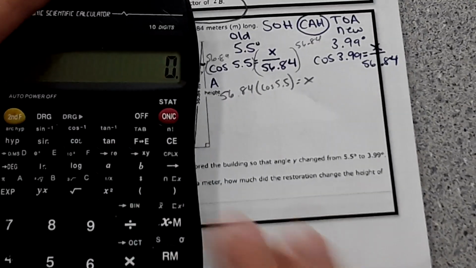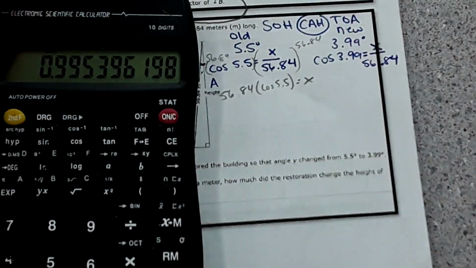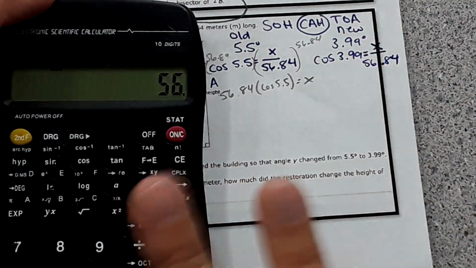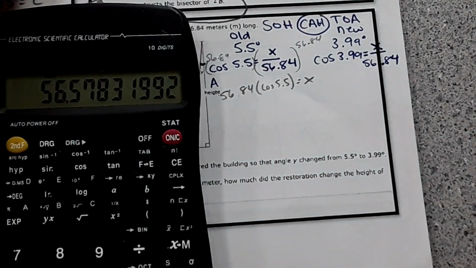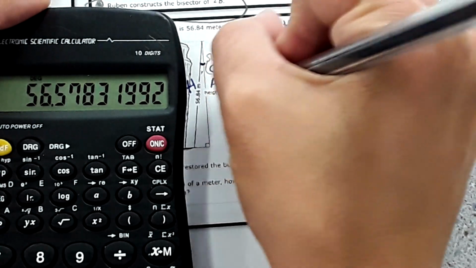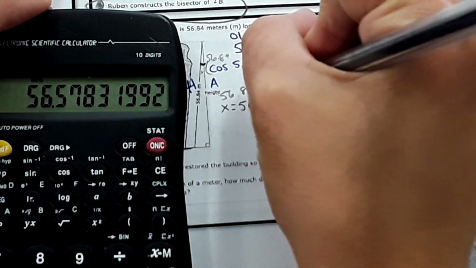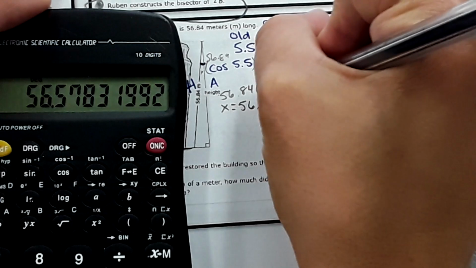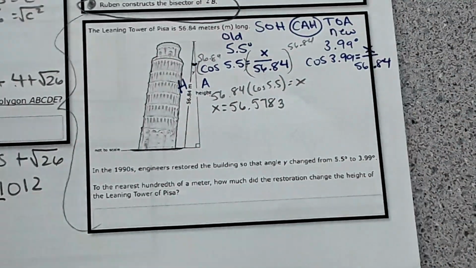In the calculator, we're going to do 5.5 cosine times 56.84. And we will get, so the height when it was at 5.5 degrees is 56.5. I'll extend out the decimals so we're not rounding till the end.